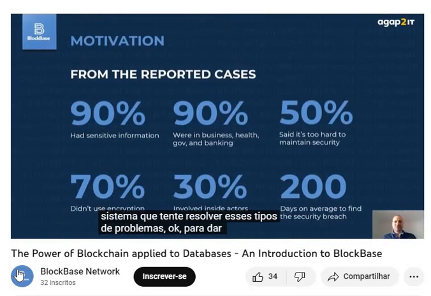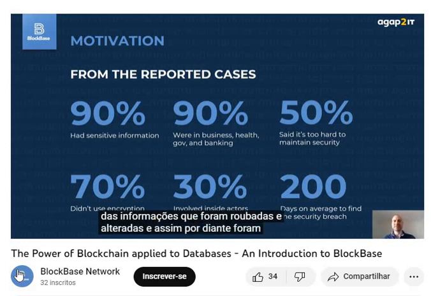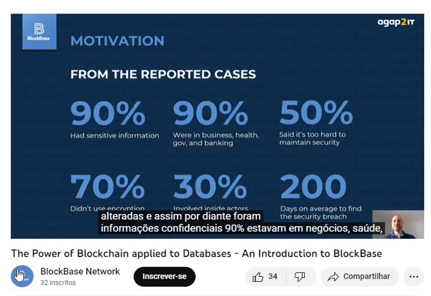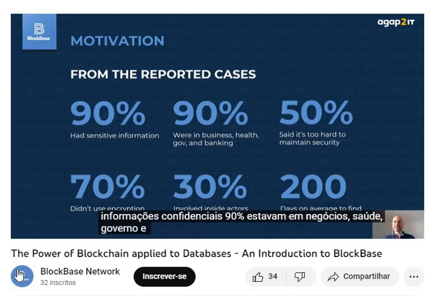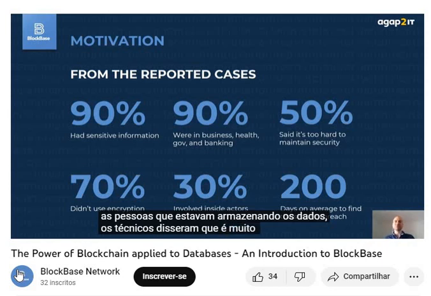To give more detail about these attacks: 90% of the information that was stolen or changed was sensitive information, in business, health, government and banking. In 50% of the cases, the people storing the data, the tech guys, said it's too hard to do proper security.